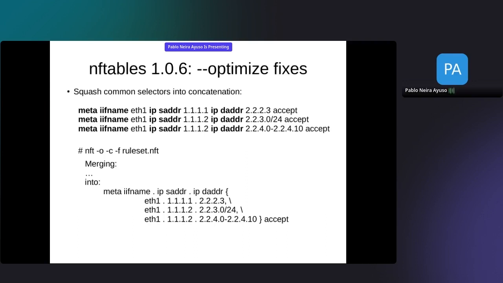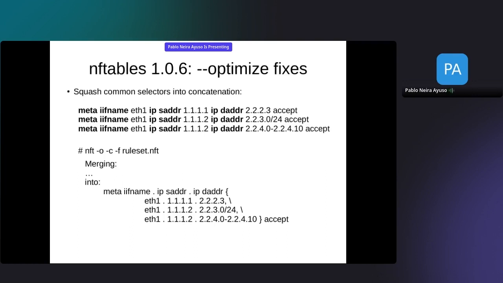In these selectors, some of the values are the same, some others are different, and as you can see, there are also ranges and also prefixes. So basically, this is suggesting you to coalesce all these rules into one single rule using concatenations, basically taking the 3 selectors and putting all the values in a set. The optimize option is using implicit sets.